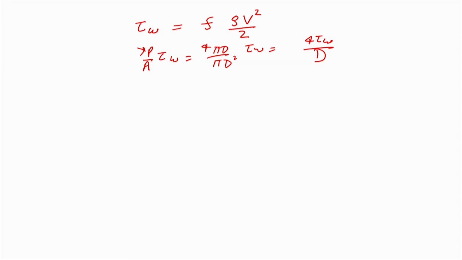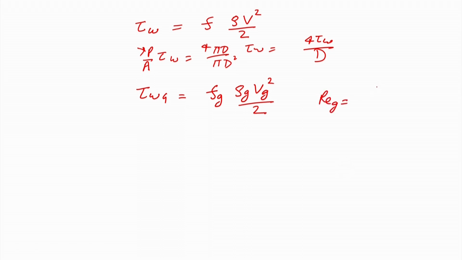So tau Wg will be written as Fg, the friction factor based on the gas velocity, times rho g Vg square divided by 2. Friction factor based on the gas velocity means the Reynolds number of the gas will be calculated based on rho g into Vg into d upon mu g.